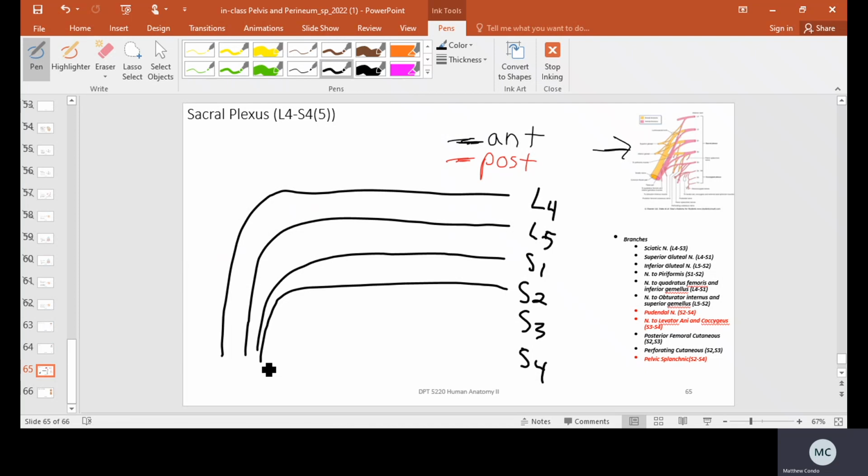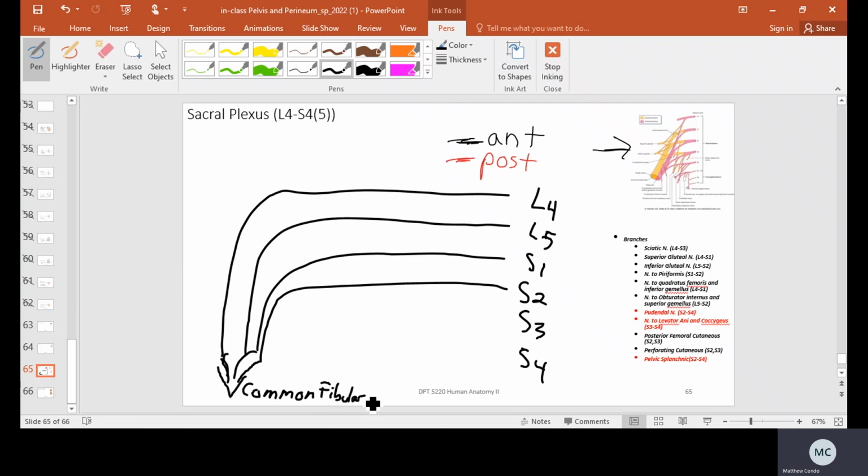L4, L5, S1, S2 are all going to collect down into a really big nerve called my common fibula. Depending on where you did anatomy for undergrad or high school, fibular, and we're going to get into this much later in the semester, fibular equals peroneal.